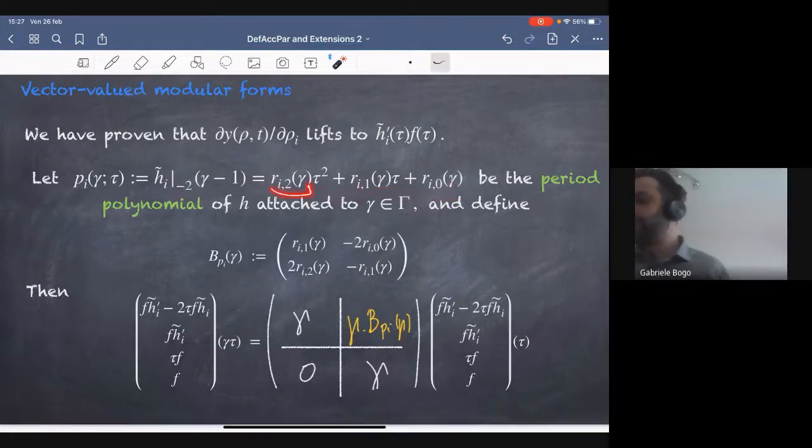It depends on the element gamma of the Fuchsian group. And then out of this polynomial, you can construct this 2 by 2 matrix. And this 2 by 2 matrix is precisely the one that gives you the extension of the symmetric tensor representation with respect to which this is the vector valued modular form.